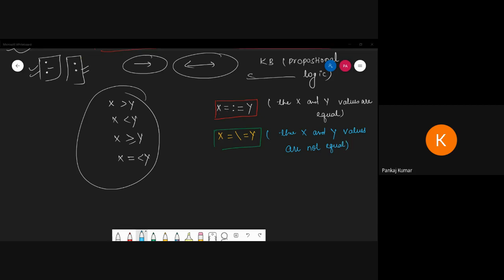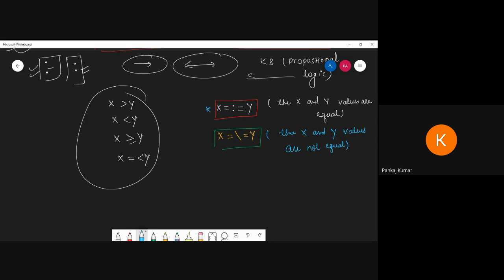So that is the meaning. These two things are important to learn in comparison operators. We can call this one A and this one B.